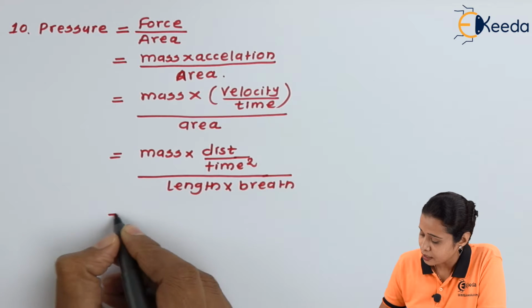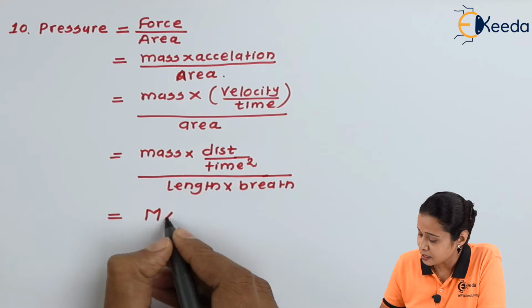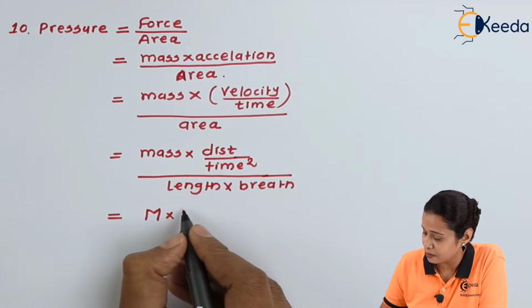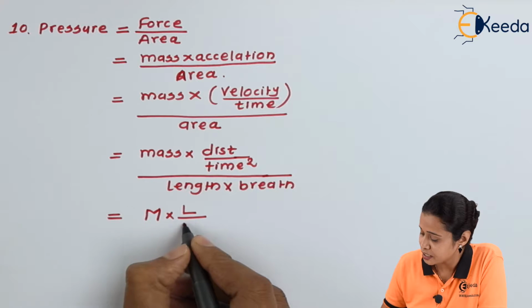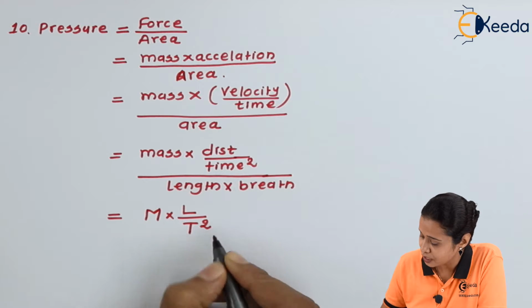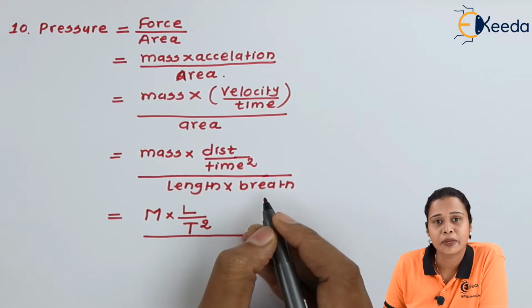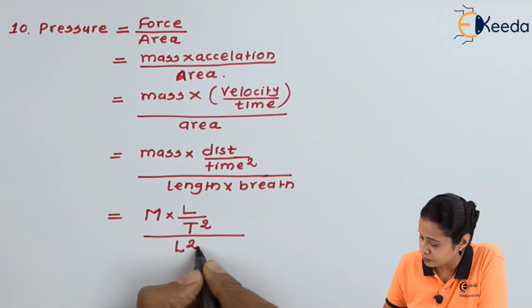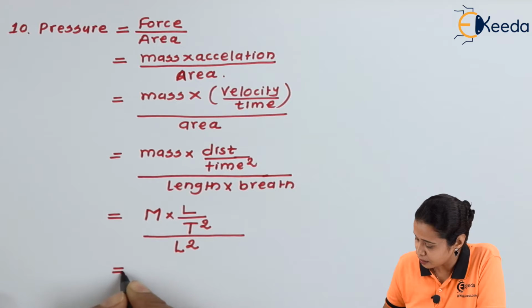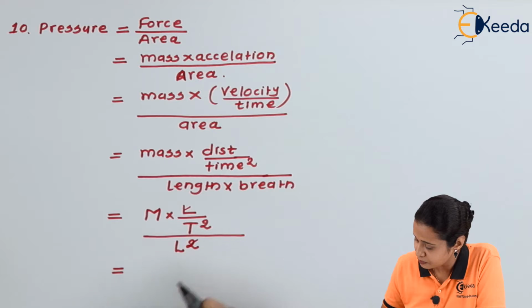So finally, mass, that is m, distance we will express in L, and time we will express in T, that is T square here. Length and breadth both can be expressed in terms of L, so we'll write here L square. So finally, this L will get cancelled.